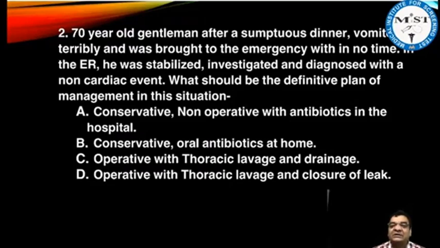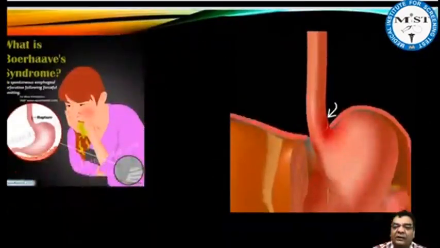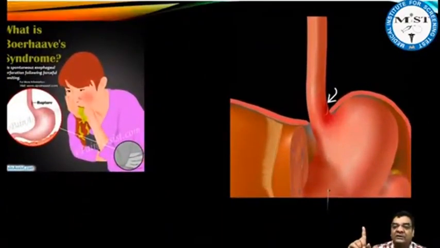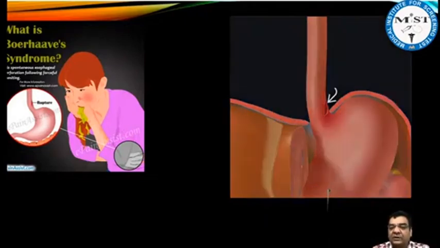So this can be something which is related to Boerhaave syndrome. Boerhaave syndrome can be a possibility. Now, if Boerhaave syndrome is a possibility, you all know that in Boerhaave the site of rupture is in the lower esophagus and it's a transmural rupture, right? So what should be done in this particular situation?